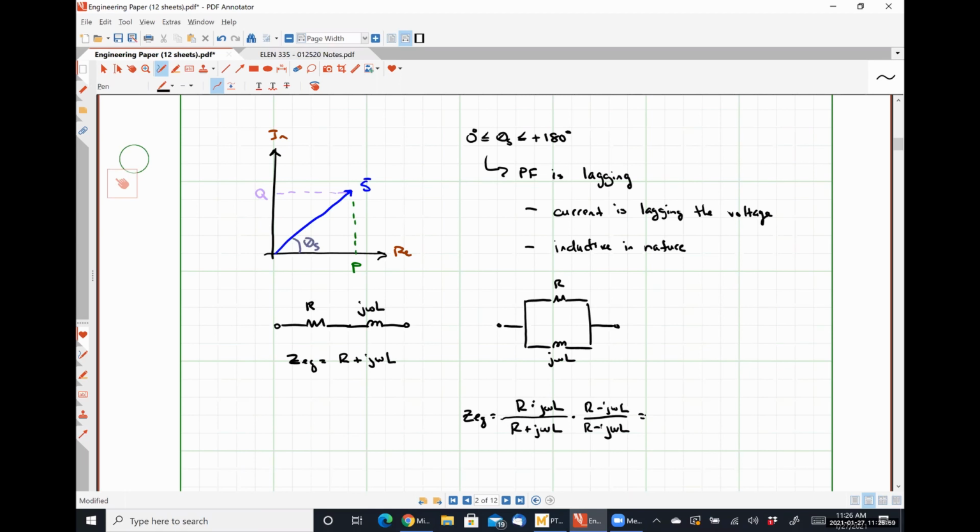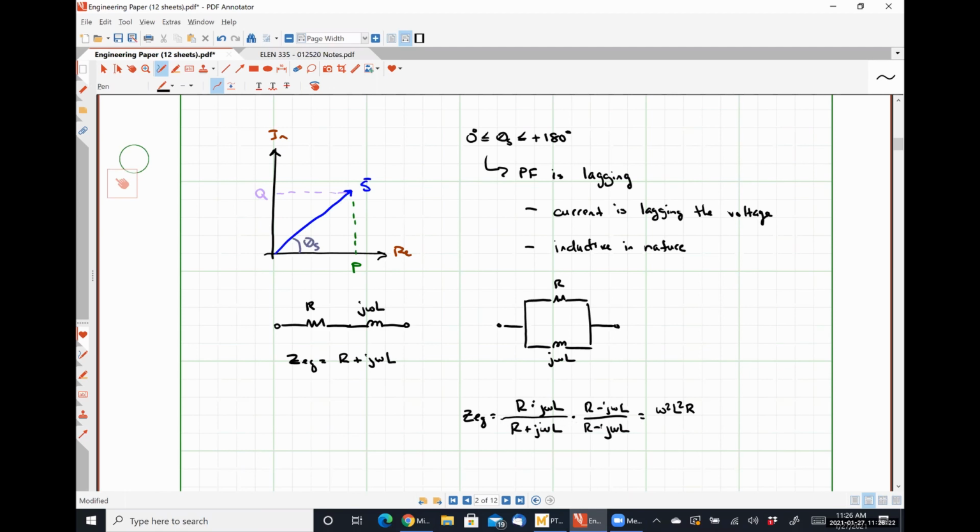positive j times negative j is positive 1. So I'm going to have omega squared L squared R. So I'm multiplying this whole thing by j omega L. So j omega L times R times negative j omega L, yeah.